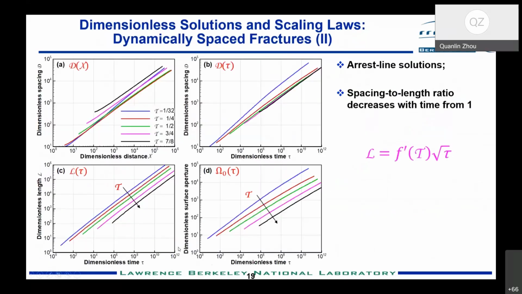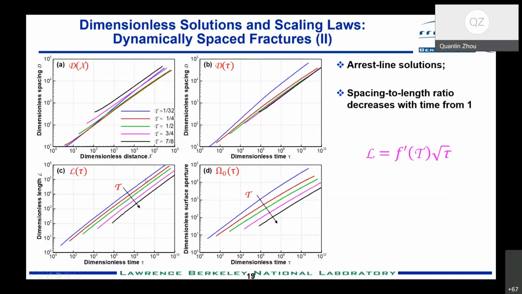So now move on to the type curves. Those are solutions for dynamic space fractures. That is fracture spacing as a function of distance x and time, and the fracture length and the surface aperture of the hydraulic fractures.